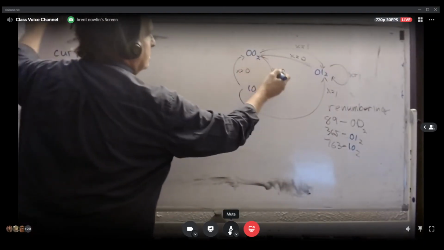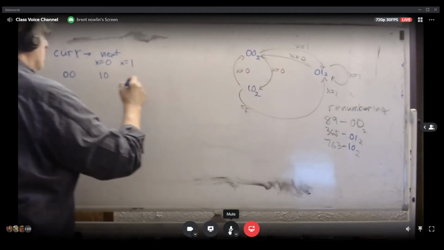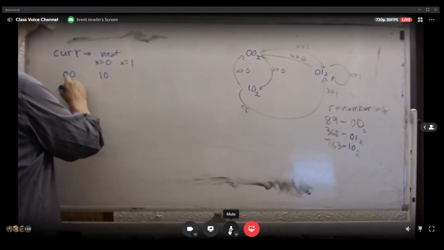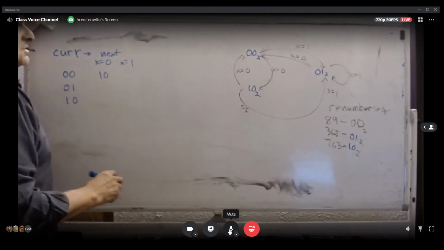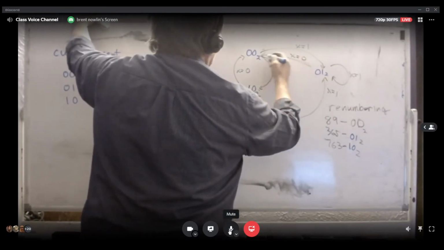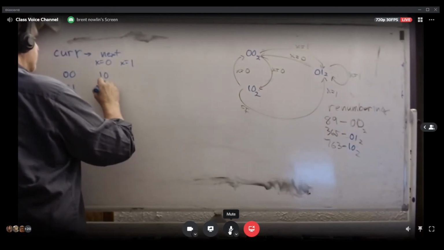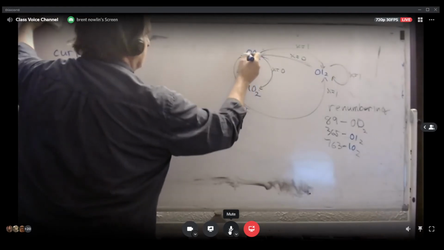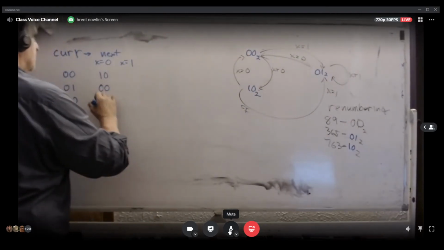So now, if x equals 0, and we're in state 0, we're going to go to state 1, 0, right? Our current states can be 0, 1, and 2, so if we're in state 1 and x equals 0, we go to state 0, don't we? If we're in state 2 and x equals 0, where do we go? 0, 0, right?